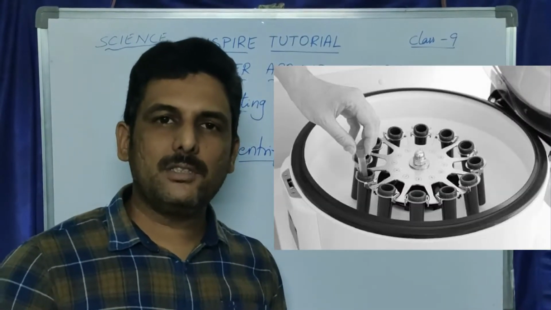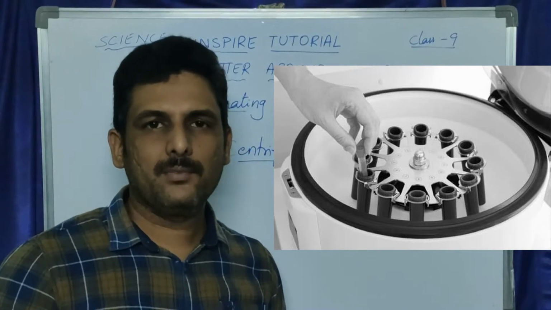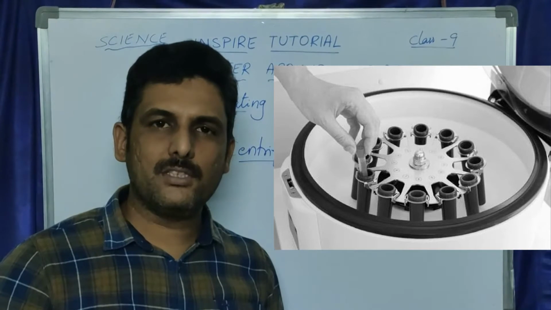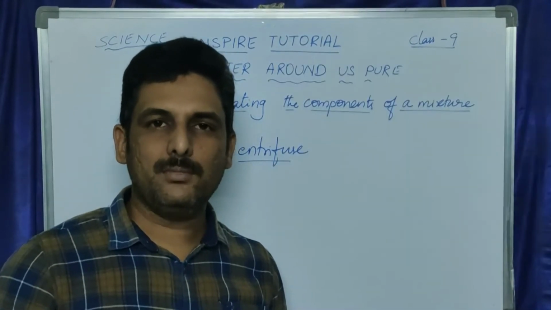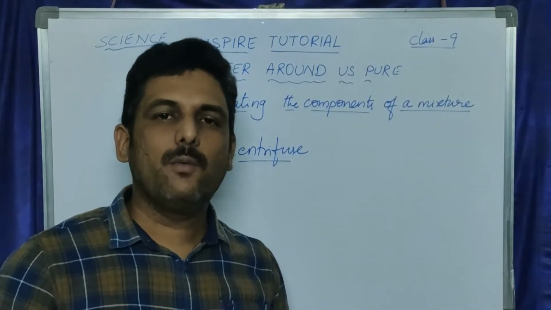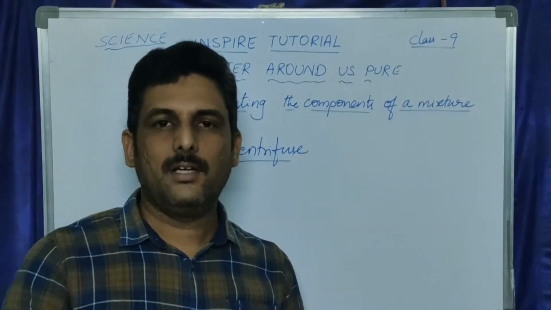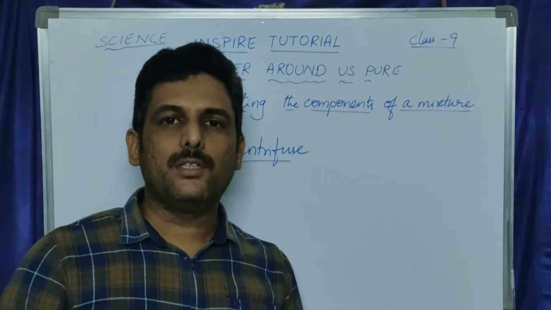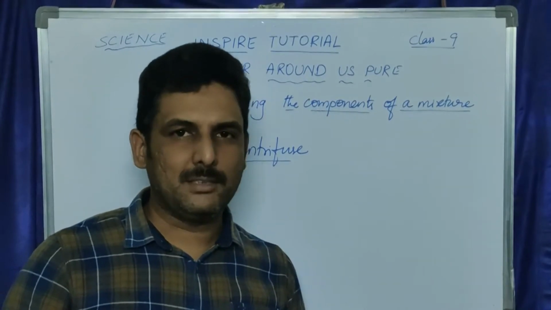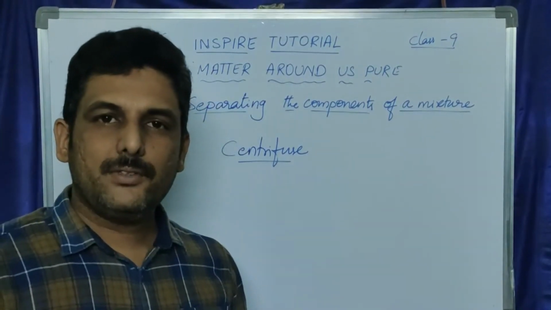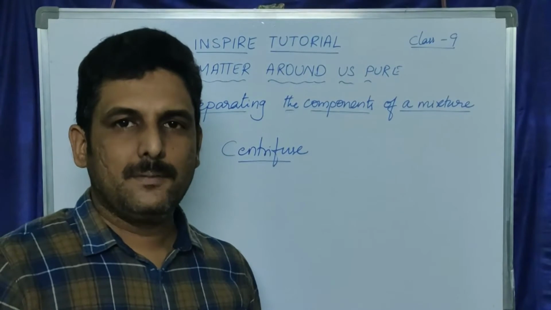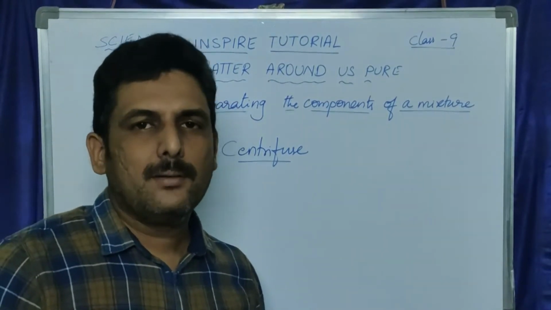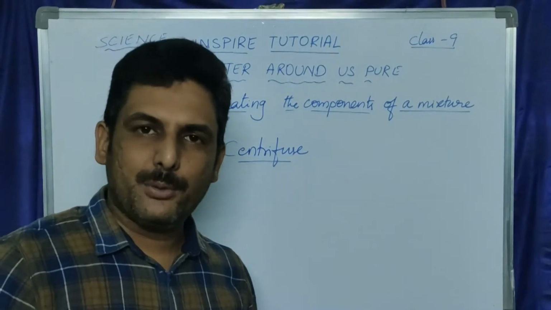When the mixture is spun rapidly, the heavier component will be forced to move towards the bottom and the lighter particles will remain on the top. And washing machines also work on this same principle. The centrifuge is also used in diagnostic laboratories for blood test and urine test.